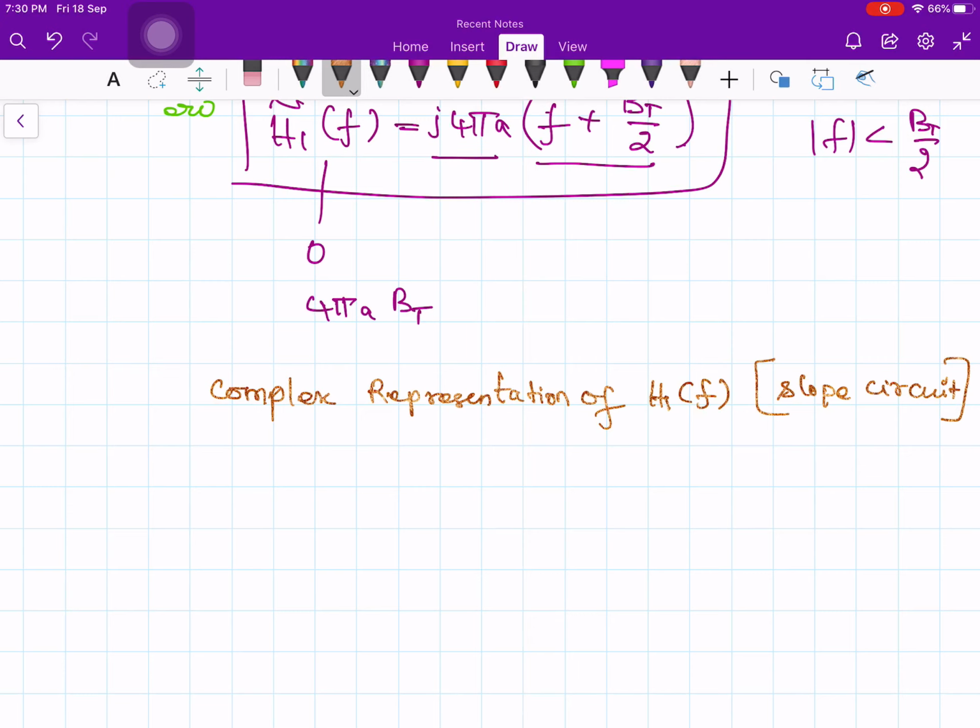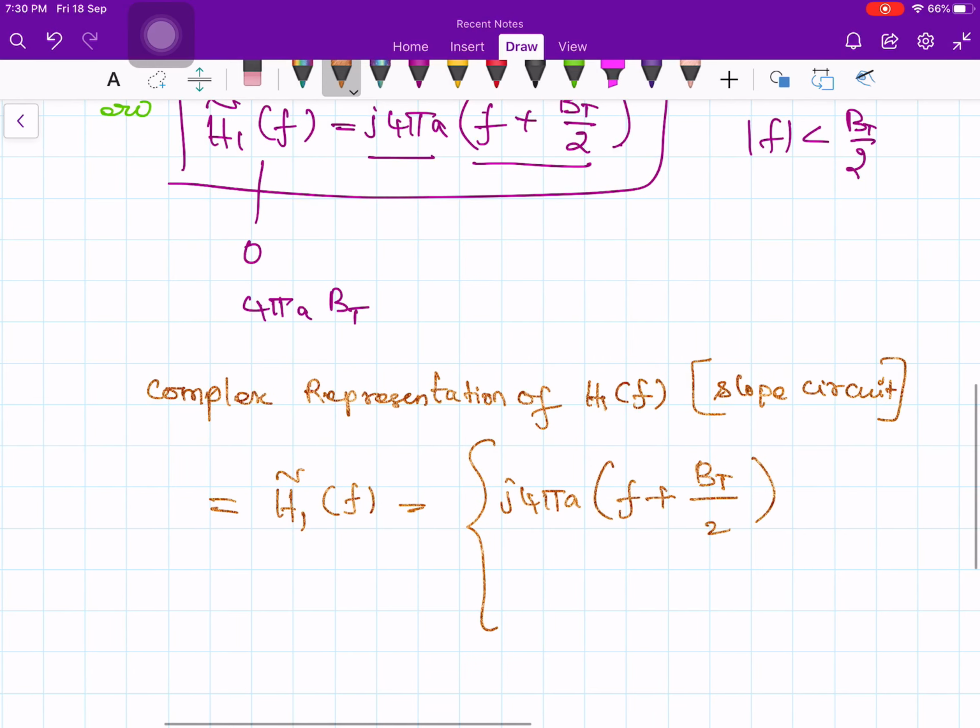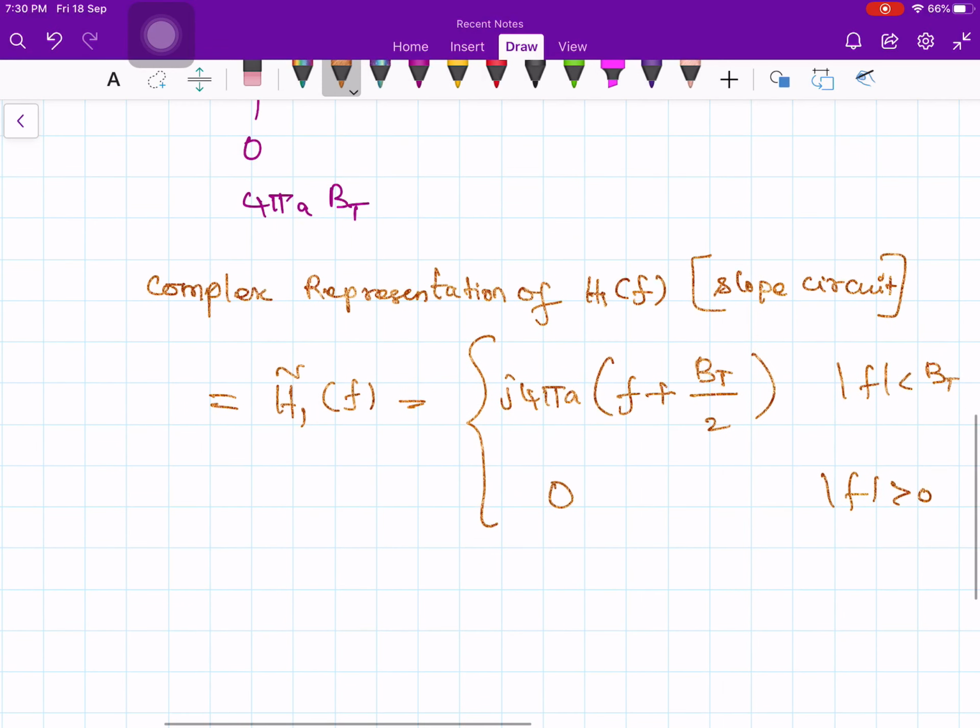This is denoted by H1 tilde of f, which is j times 4 pi a, it is a straight line equation, times f plus bt by 2 in the frequency range mod of f less than b suffix t, and 0 for mod of f greater than b suffix t. That's it. So this is the mathematical representation of the complex envelope of the slope circuit.